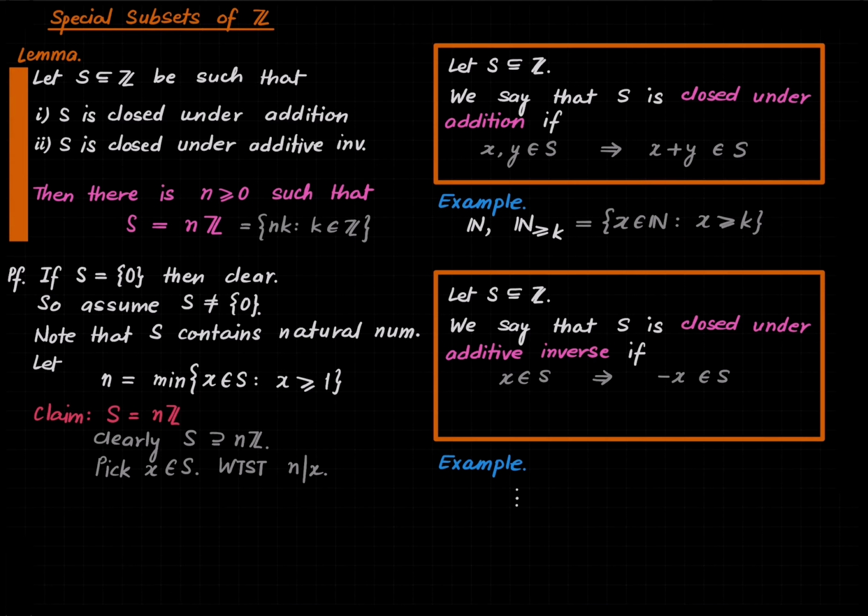You use the division with remainder theorem. So say x is equal to nq plus r, where q is some integer but r is in this range. Now if r is 0, then we are done because then n will divide x. So assume r is positive.